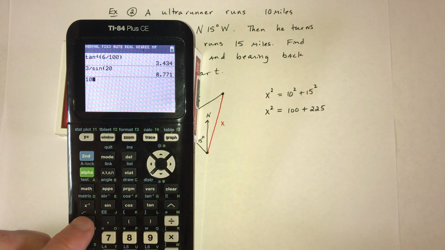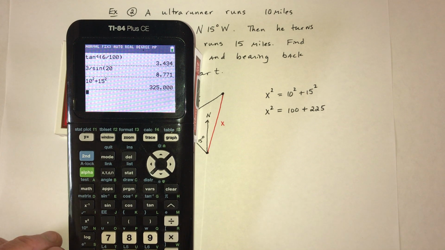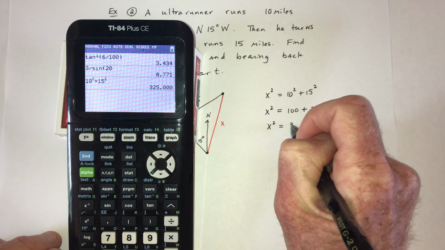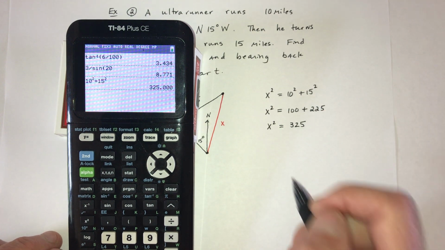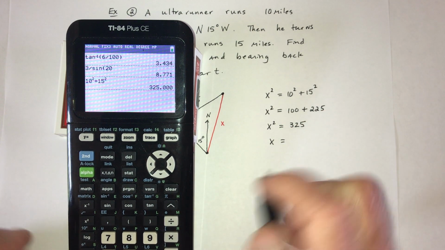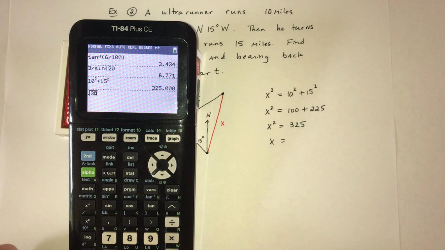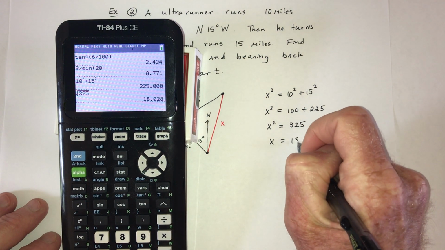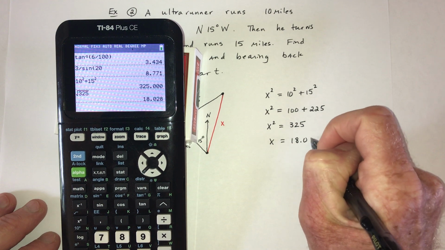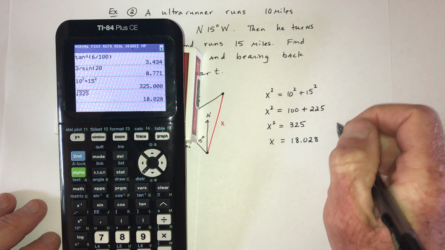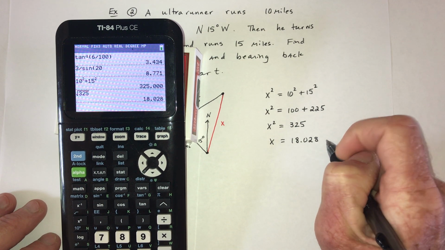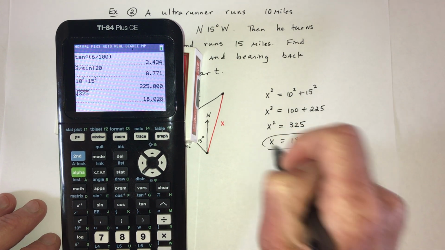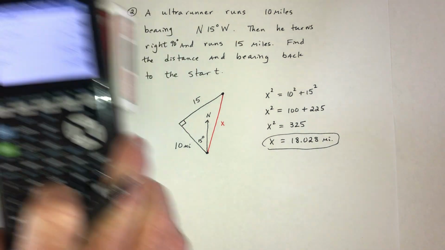So 10 squared plus 15 squared, that's 325. So I actually did that part right. And now take the square root of both sides. What is the square root of 325? So it's just over 18 miles back to the start. So that would be a 43-mile day. That would be considered a decent workout, running 43 miles.